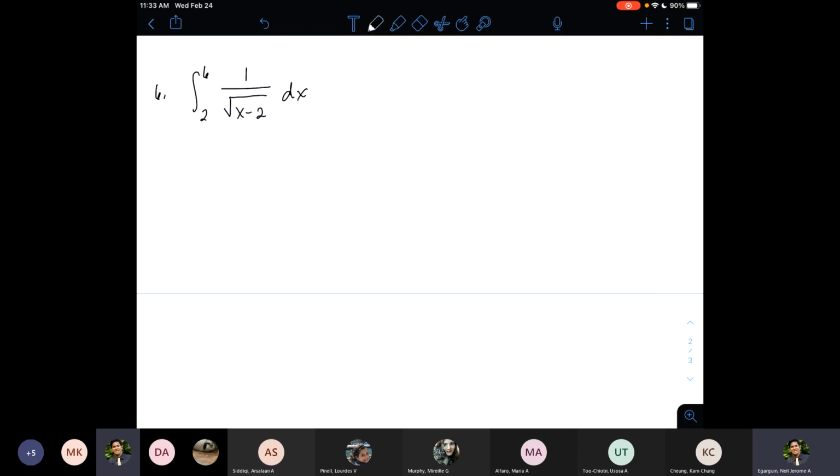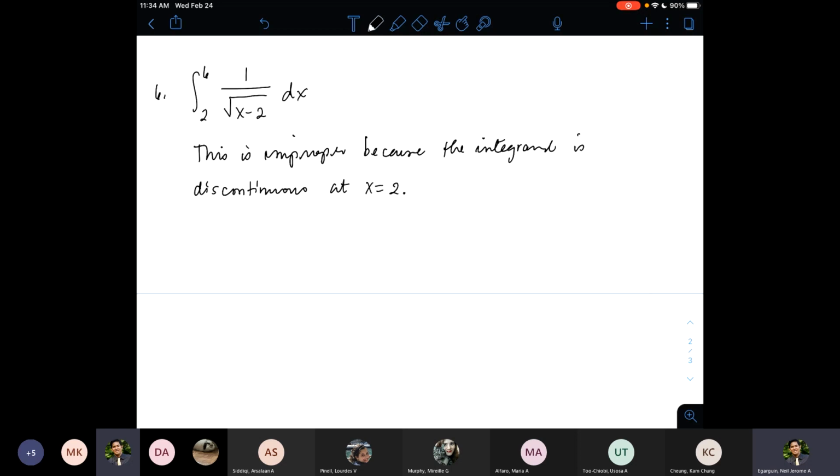So we say that this is improper because the integrand is discontinuous at x equals 2, right? Which happens to be in a closed interval of integration, right?